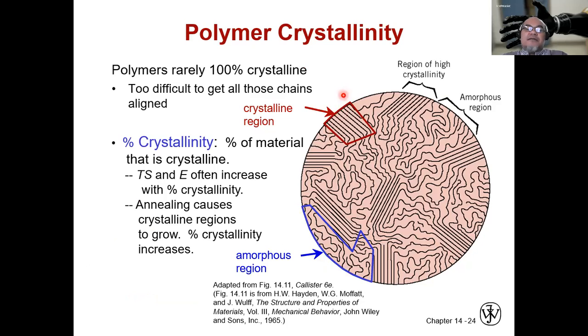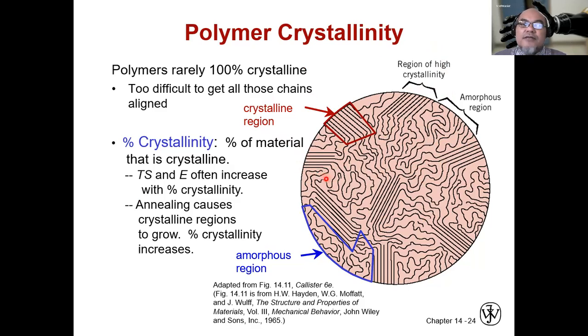Therefore, as I mentioned, it is very rare that we have 100% crystalline polymers, because it may have some crystallinity in one part, but the order doesn't go a long distance. They have regions of high crystallinity in parts of the material, while in some other parts they are completely random. They are amorphous.